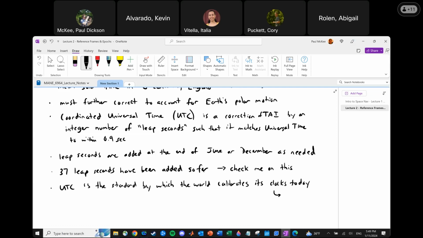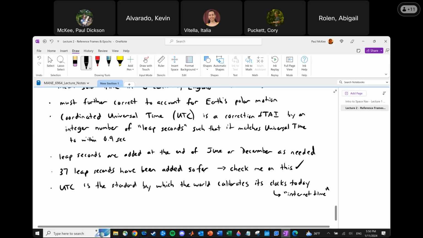So I refer to it as internet time. Because you know that the clock on your phone is more accurate than the clock in your car, even though one of them isn't necessarily fancier than the other. The clock on your phone has the internet, and so it checks the internet to see what time it is, right? Oh, Italia said it's still 37 seconds. I appreciate you. Thank you.